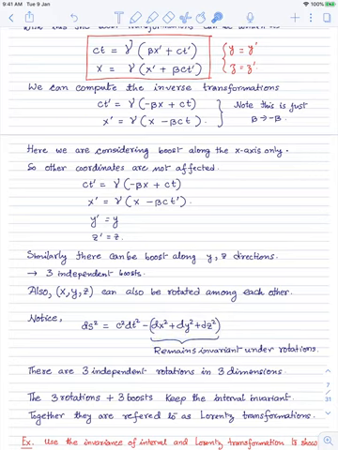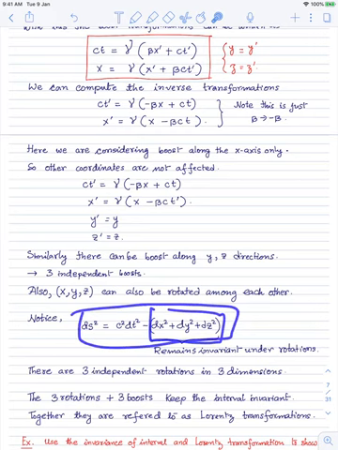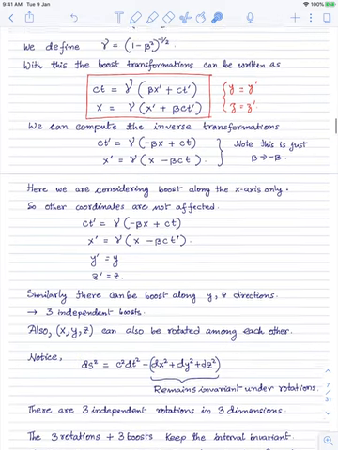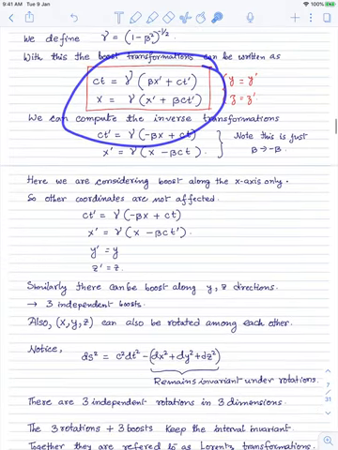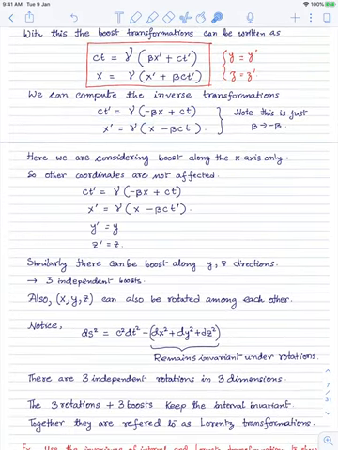This will be invariant because, as I said, rotations keep distances invariant. You know that. Therefore, this particular interval is not only invariant under Lorentz boosts like this, it is also invariant under rotations.